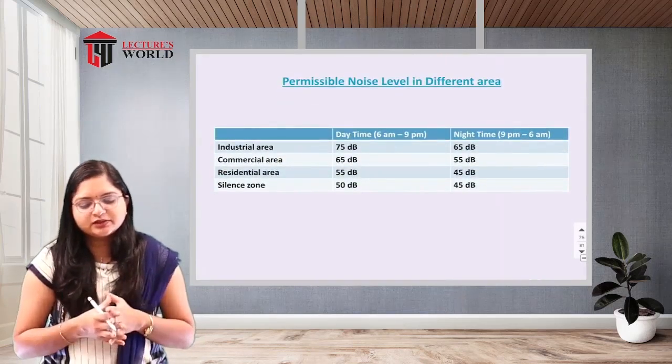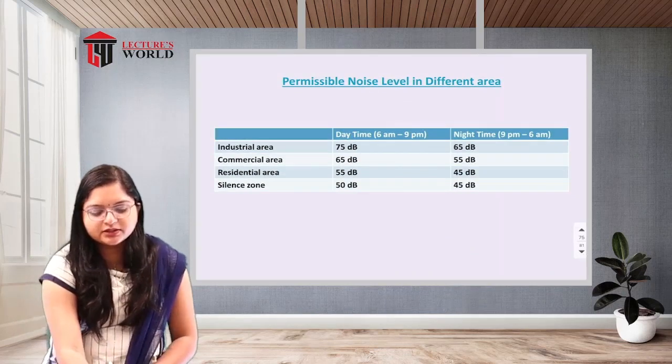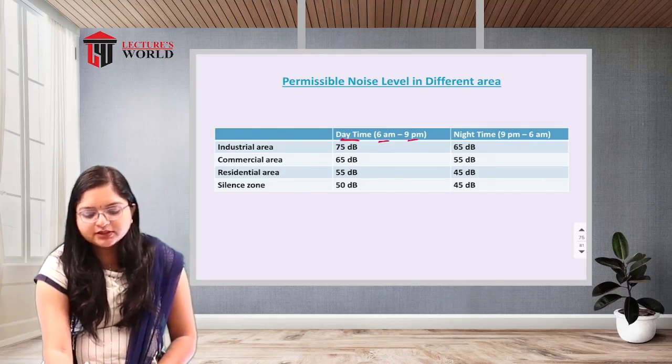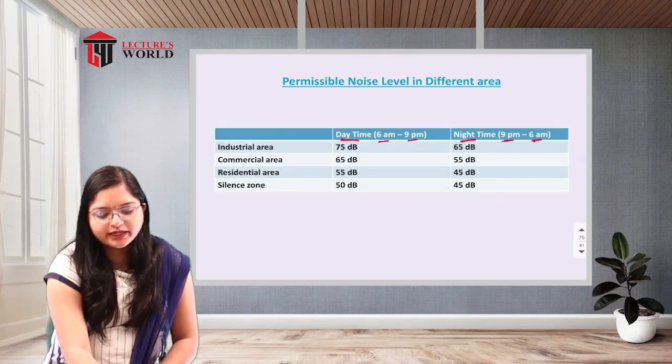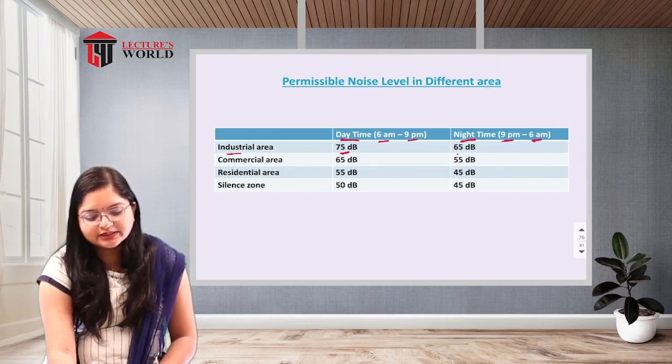So these are the permissible noise levels in different areas. Here you can see the daytime, which is from early morning 6 a.m. to 9 p.m., and the night time from 9 p.m. to morning 6 a.m. In the industrial area, in the daytime 75 decibels is permissible, in the night time 65.